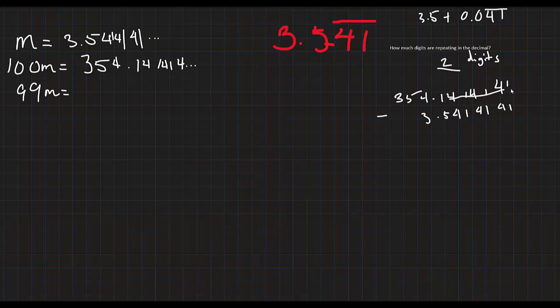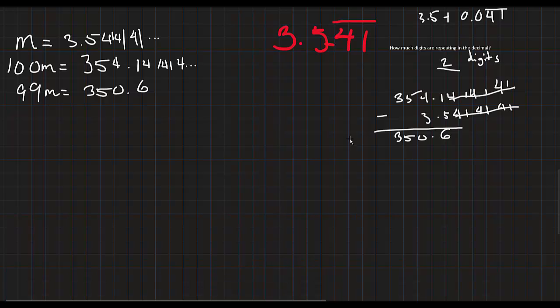Well, this back part right here all cancels out, so we now just have this front part. Well, this should be easy. We get 350.6 in the end.